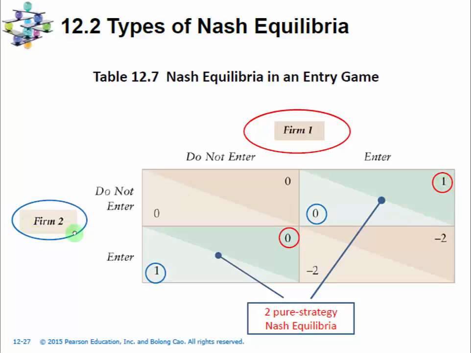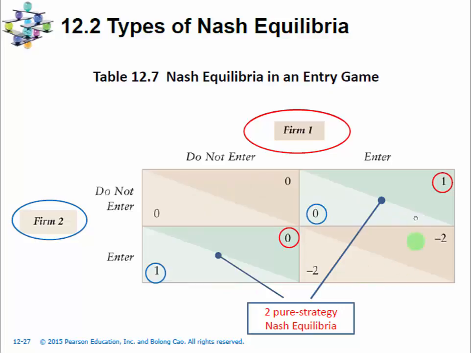For firm 2, it's the same story again. If firm 1 does not enter, firm 2 compares 0 and 1, and entering is the better strategy. It's the best response. If firm 1 enters into this market, firm 2 compares 0 and -2, 0 is a higher payoff. So if firm 1 enters into this market, firm 2 staying out is the best response.